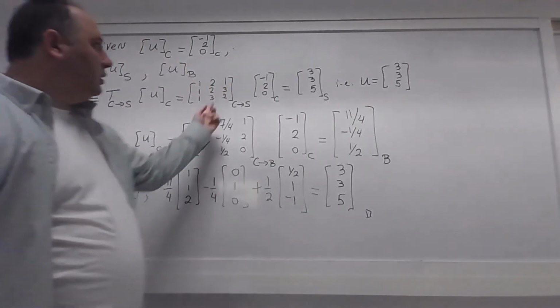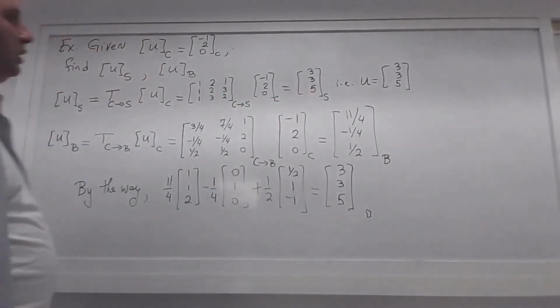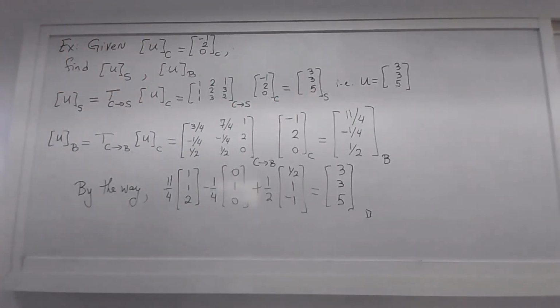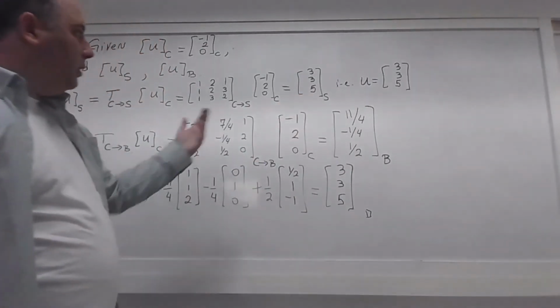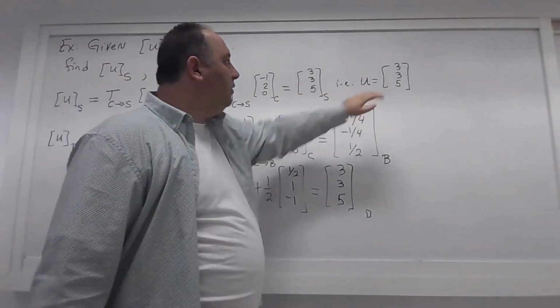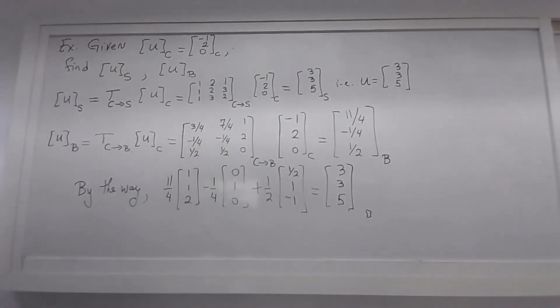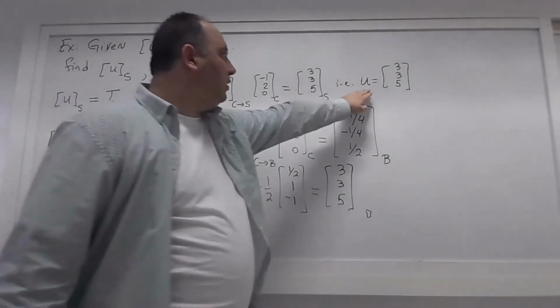Linear combination, basically, by definition. And we get the vector u, its coordinates in basis S are 3, 3, 5, but these coordinates are actually giving us the vector immediately. The vector is 3, 3, 5.